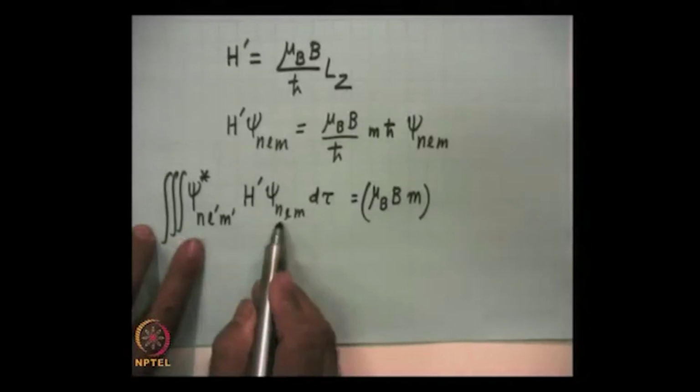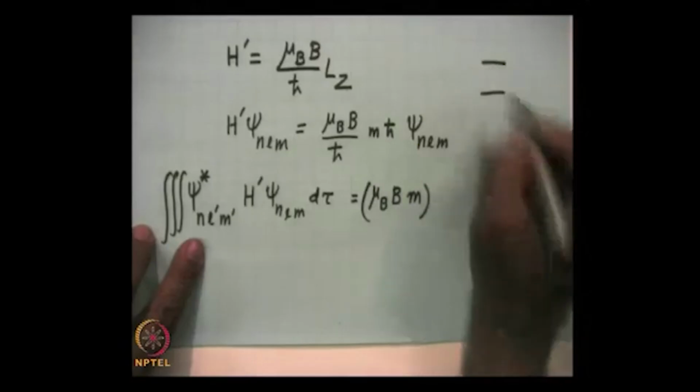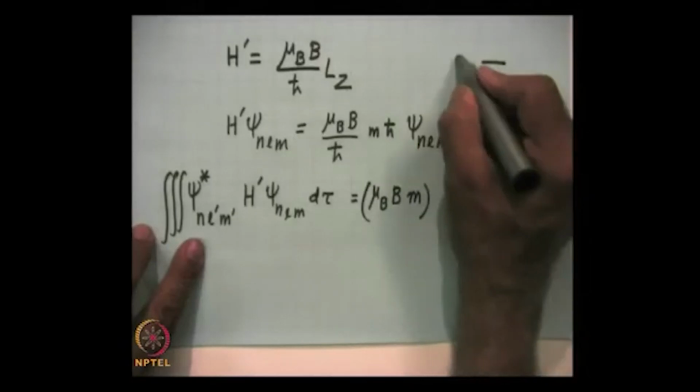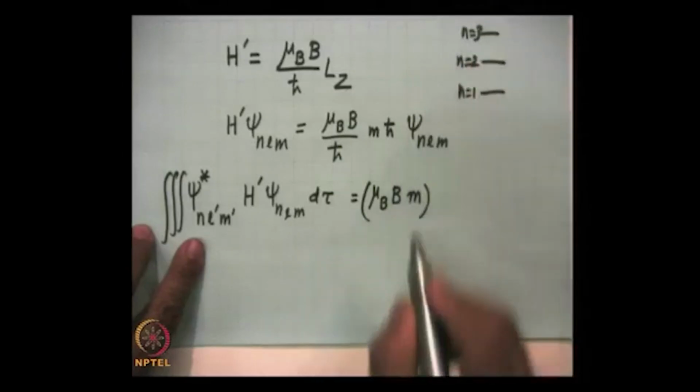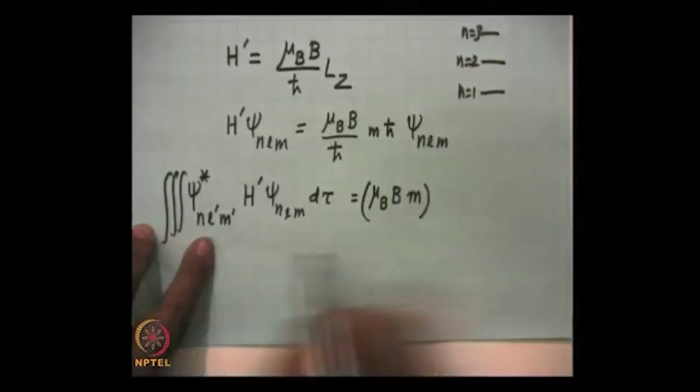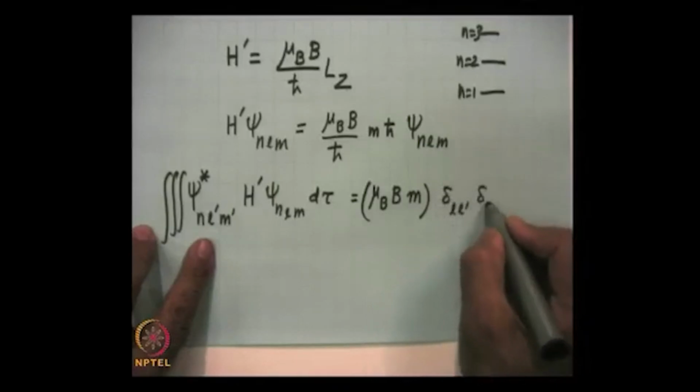Here n and n are equal, because two different values of n correspond to different energy: n equal to 1, n equal to 2, n equal to 3, and so on. So, this will be delta L L prime delta M M prime.